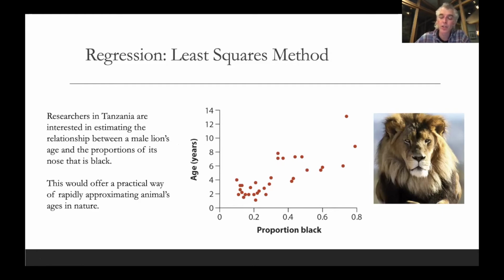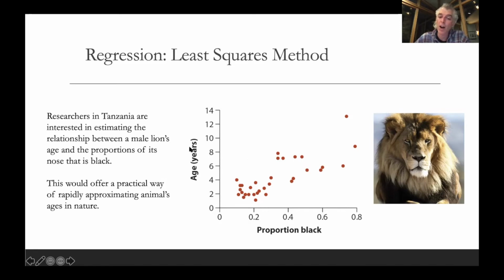And if the researchers could establish such a relationship, it would provide them with a way to reasonably age lions from photographs of the coloration of the lions' noses. So here we have plotted the relationship between the age of the lion on the y-axis and the proportion of the lion's nose that was black along the x-axis.